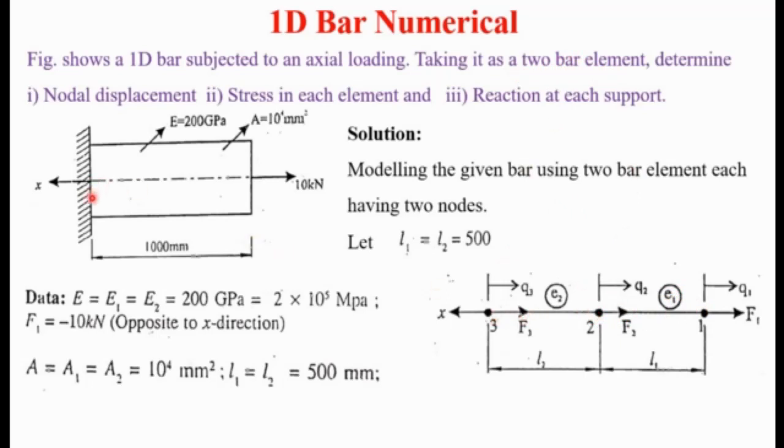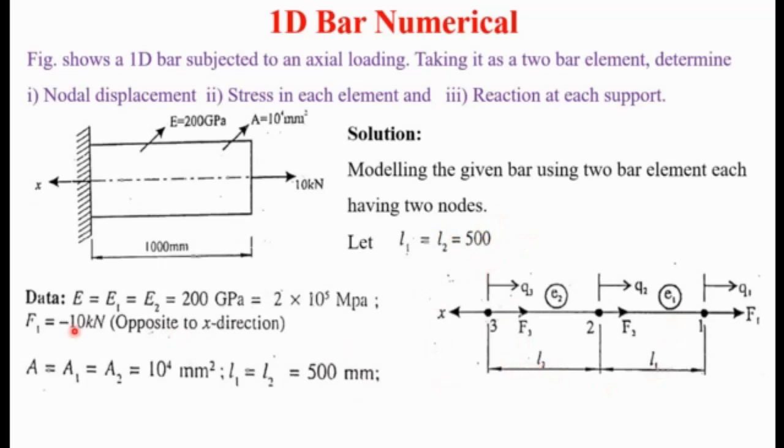We have divided this bar into two elements E1 and E2, having three nodes: node number 1, node number 2, and node number 3. Let L1 is equal to L2 is equal to 500. That means the bar is divided into two equal halves, each of length 500.